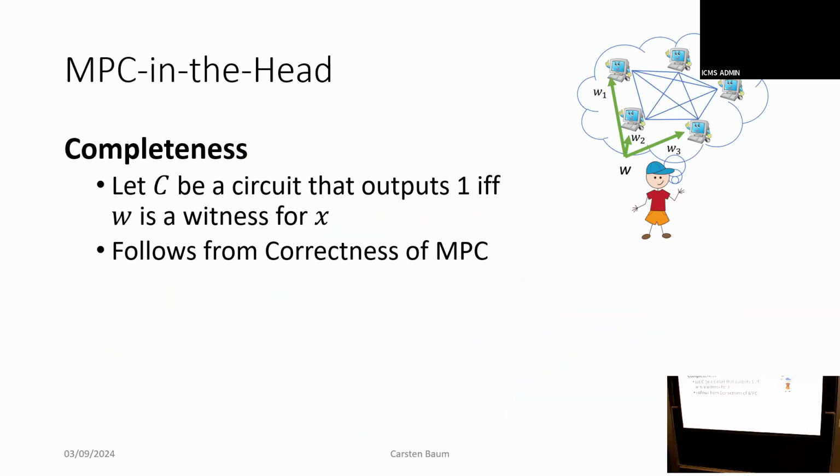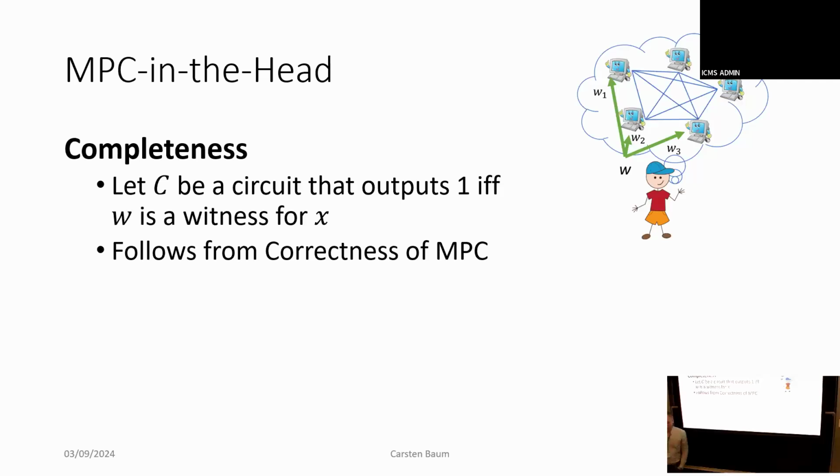So why is this thing complete? Well, we said, ignore the for add, that is a typo. But we said that we assume that the circuit evaluates to 1 if the prover actually has a witness, and that witness is valid for some relation.